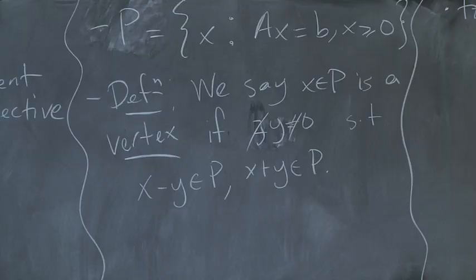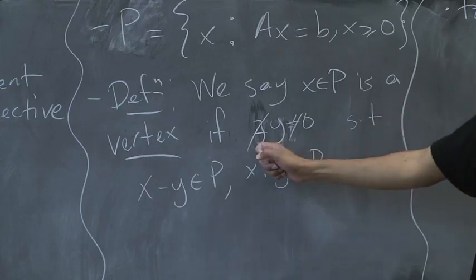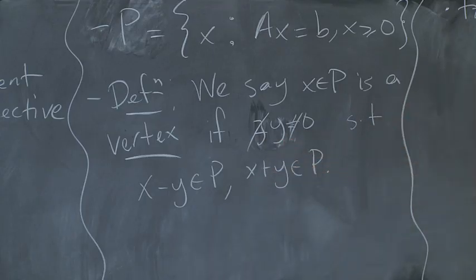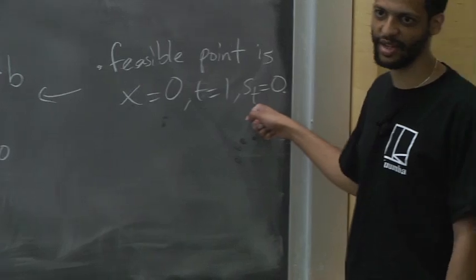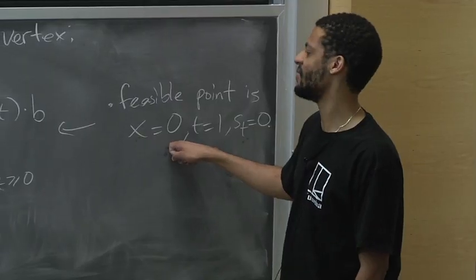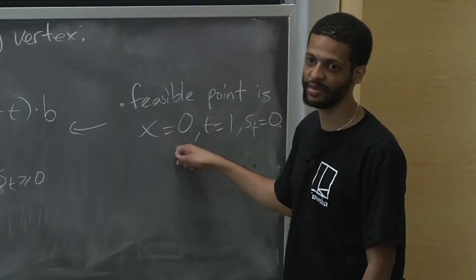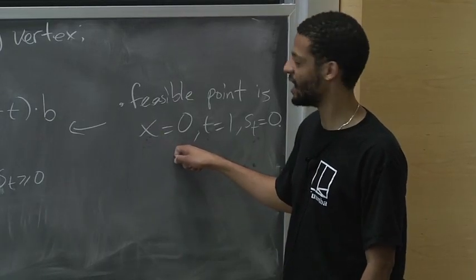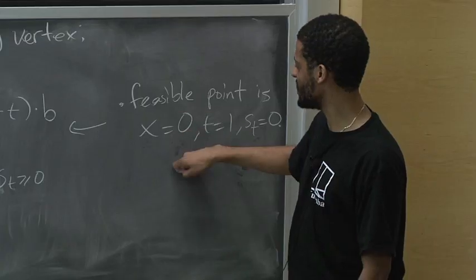Right. So suppose it's not a vertex. That means there is a y so that x minus y and x plus y are both in P. And by the way, when we say x, we mean all the variables, so x here means this concatenated with that variable, concatenated with that variable. So y is not allowed to have any non-zero mass on the x variables, because if you add y and subtract y, one of these is going to go negative.